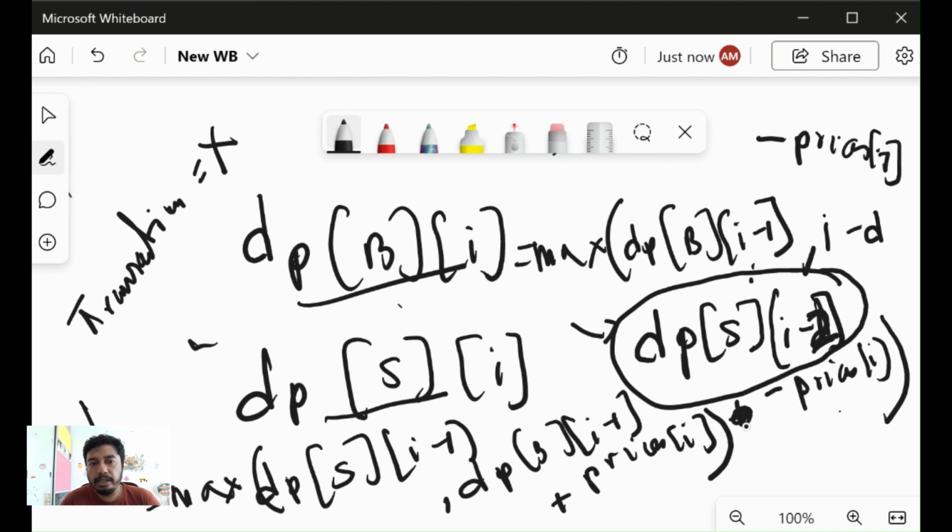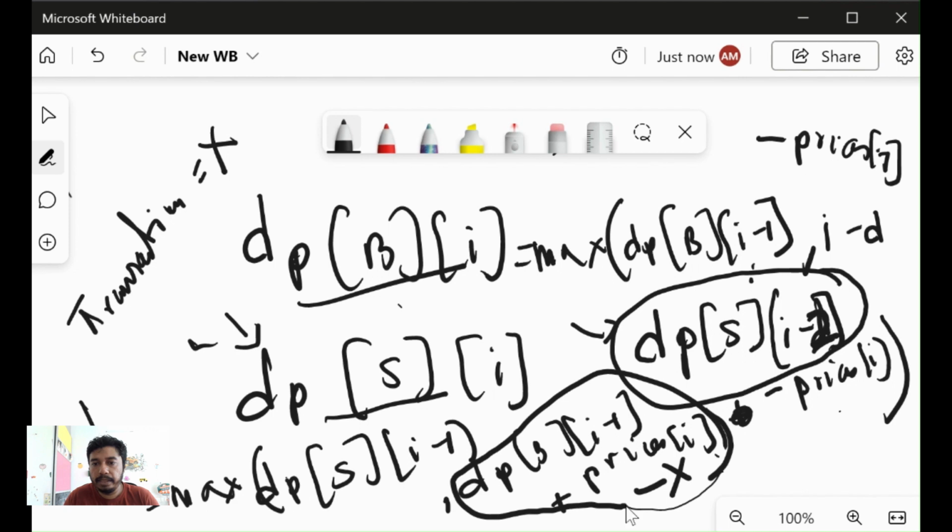You see that I just need to update the dps of i relation by adding a minus x here. So the maximum profit that I'm going to make on this day is dpb of i minus 1 plus prices of i minus x. This is the only change that is required to handle a transaction fee associated with each sell activity.